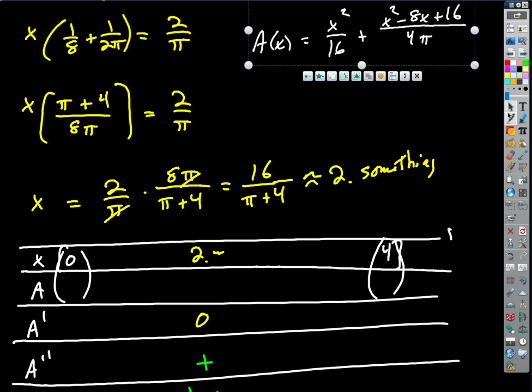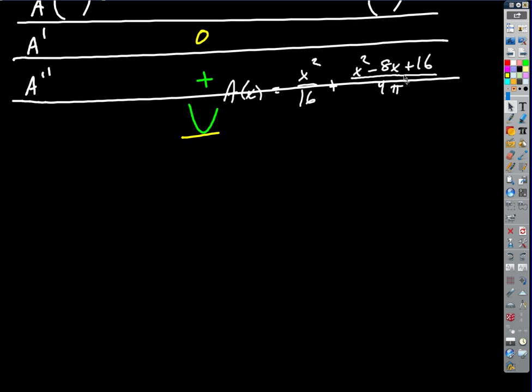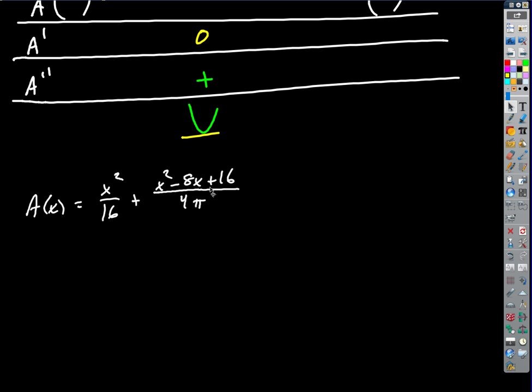Right, so we get, so you end up with A of 0 equals 16 over 4 pi, right? Everything else goes away. 16 over 4 pi is just 4 over pi. Okay, what about A of 4?